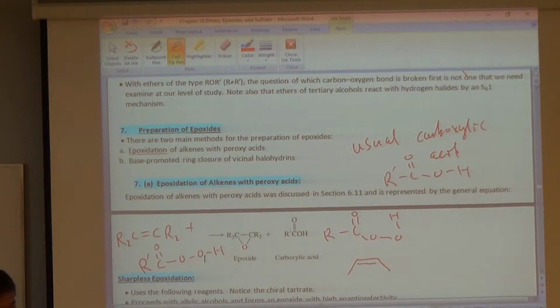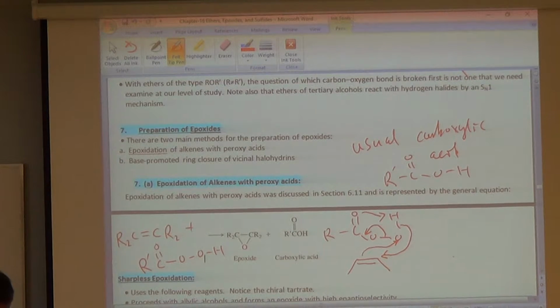The double bond has electrons, so the electron from the double bond gets onto the oxygen. Then these two electrons get onto the other carbon. And some electron from that oxygen grabs this proton, and then this bounces into that.